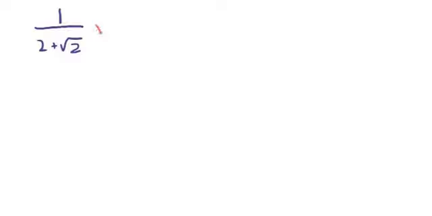We can't just multiply by root 2 over root 2 because, well, that would give us root 2 over 2 root 2 plus 2, and we're trying to get rid of the root, so having another 2 root 2 is not what we want. So for 1 over 2 plus root 2, what we actually have to do is multiply it by 2 minus root 2.